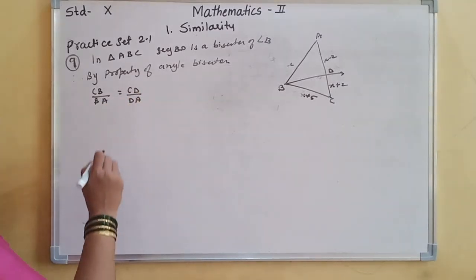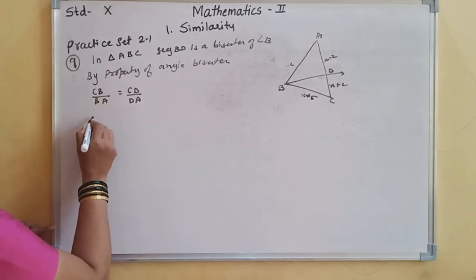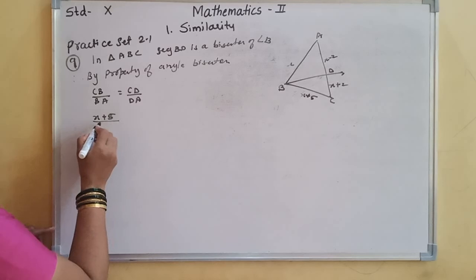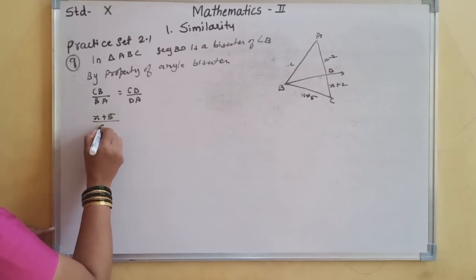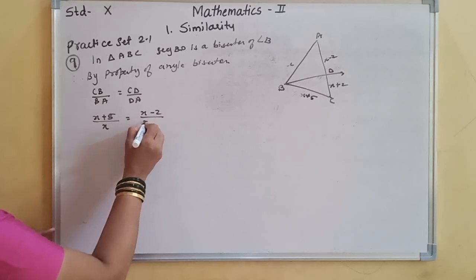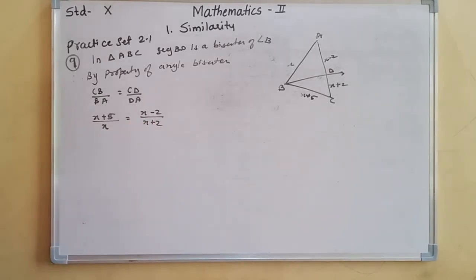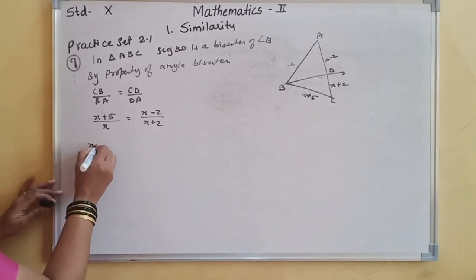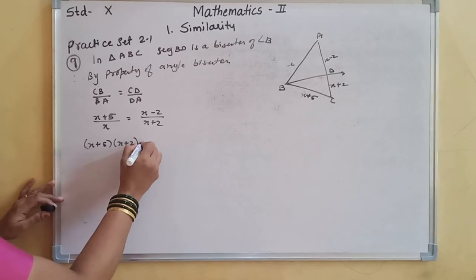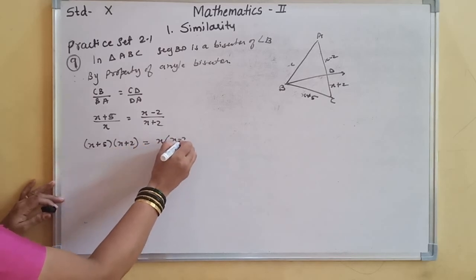Okay, so now here see, CB is x plus 5, BA is x, and CD is x minus 2 and this is x plus 2. Now here we have to find the value of x, so we will do cross multiplication. So x plus 5 into x plus 2 is equal to x into x minus 2.